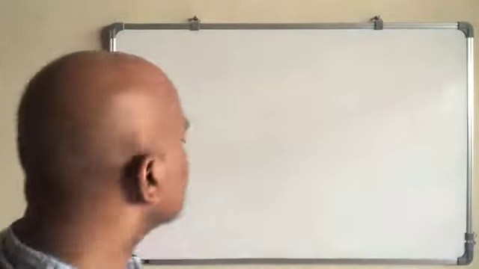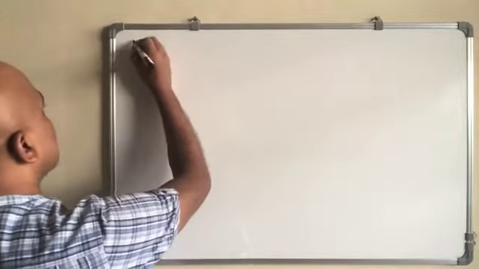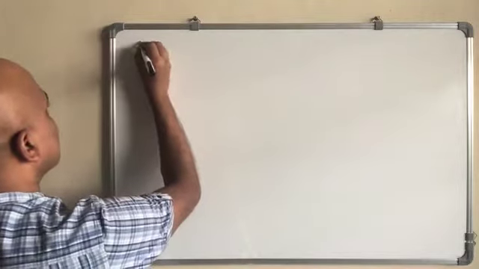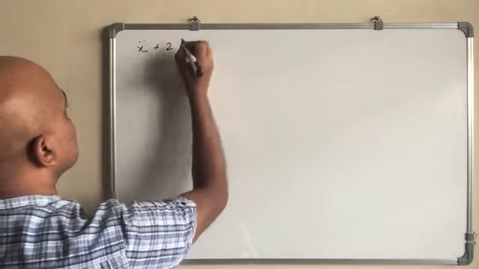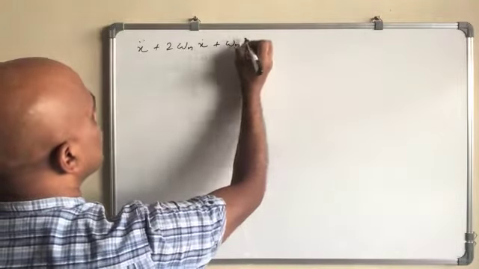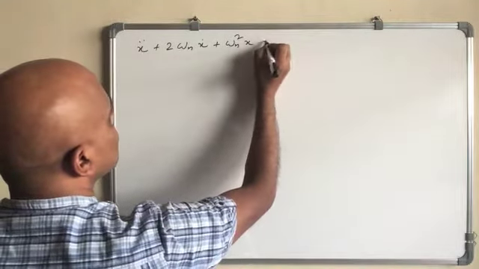So let's start from the equation. Our equation is x double dot plus 2 omega n x dot plus omega n square x equal to 0.